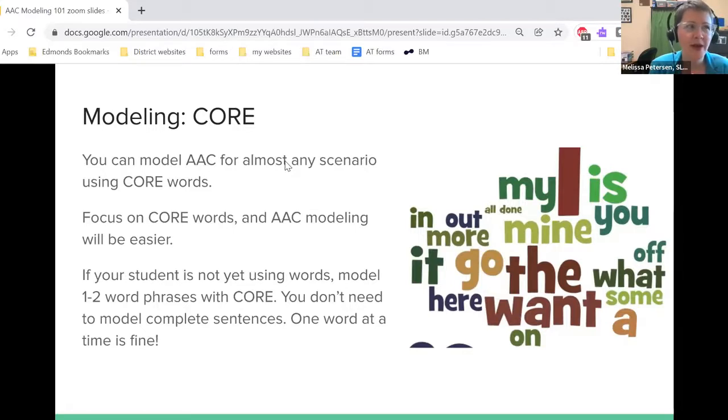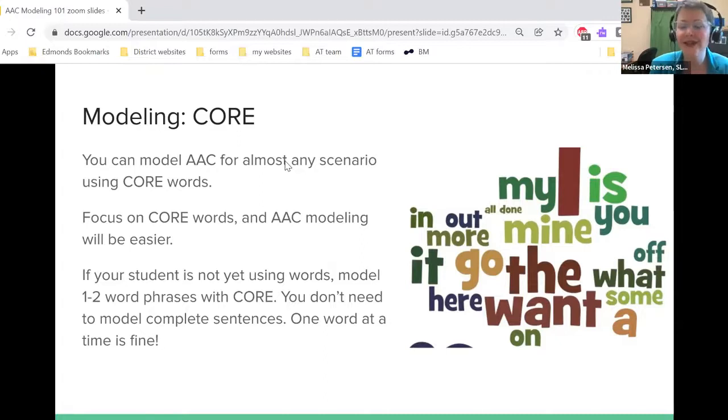For example, if you have a lesson about a volcano, it can be very challenging, if not impossible, to find the word volcano in an iPad that has 10,000 words. But you could find the words up, hot, ouch, scary. You could find lots of other words to talk about a volcano, or I see it, look at it.